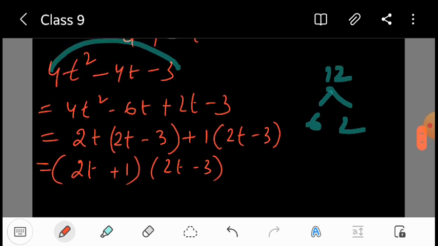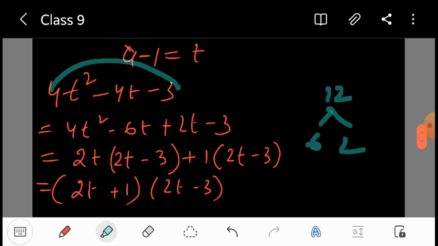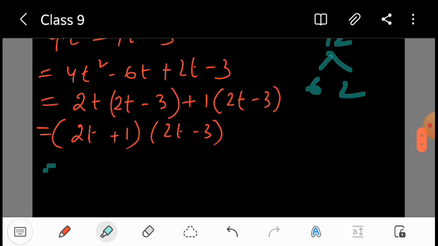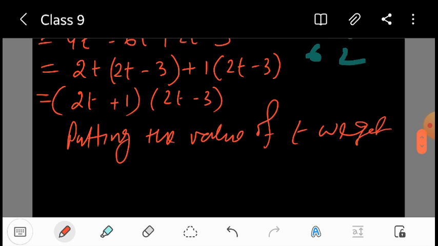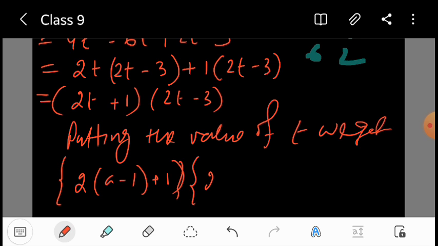Now again, we put the value of t. So the value of t is nothing but a minus 1. So putting the value of t, we get 2 into a minus 1 plus 1 and 2 into a minus 1 minus 3.